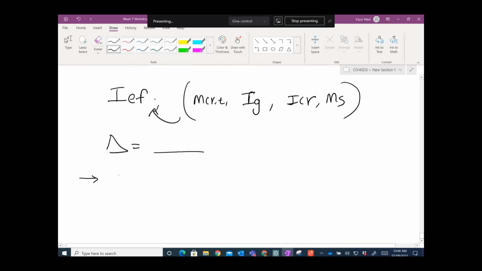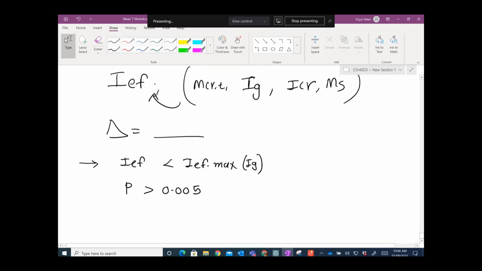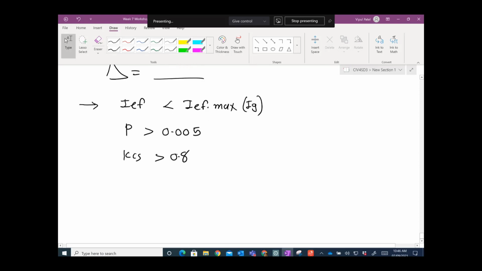And then you do a couple of checks. I effective should be less than I effective maximum, basically the gross one, I gross. Then you also check that the reinforcement ratio is greater than 0.005, so that is check number 2. Check number 3, KCS should be greater than 0.8, and then the last check, delta total should be less than delta limit, and generally speaking delta limit is L over 250, right?